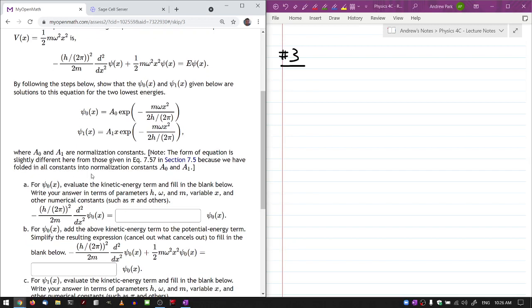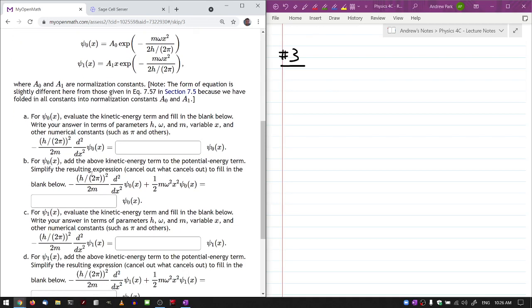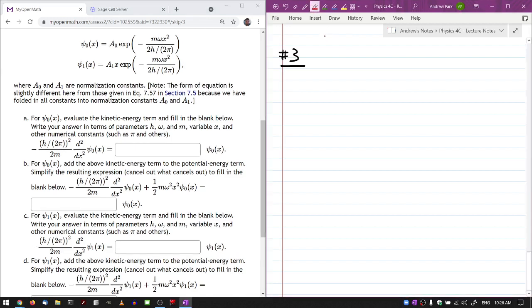What this is getting you to add is the result that is derived in the textbook, or I don't know if it's actually derived.